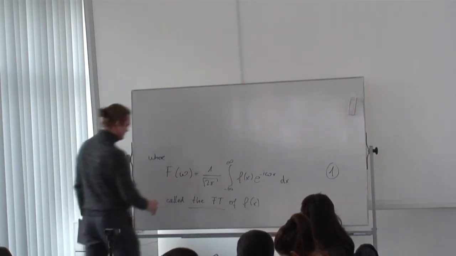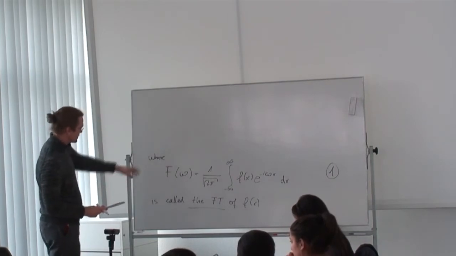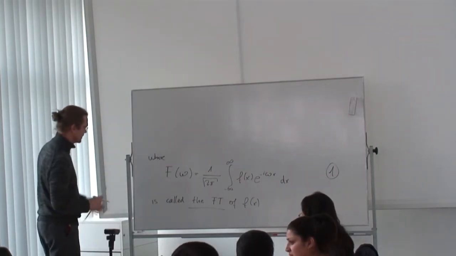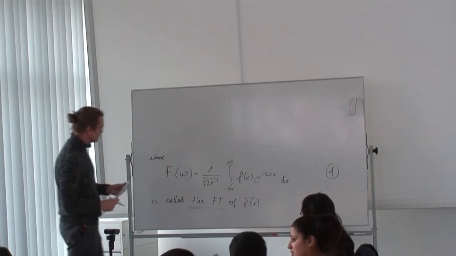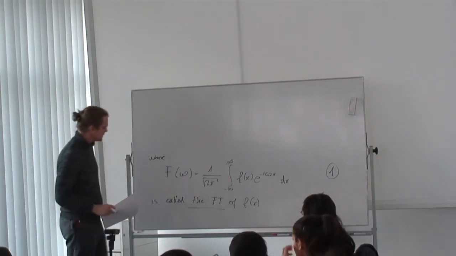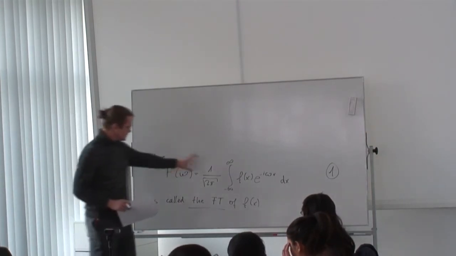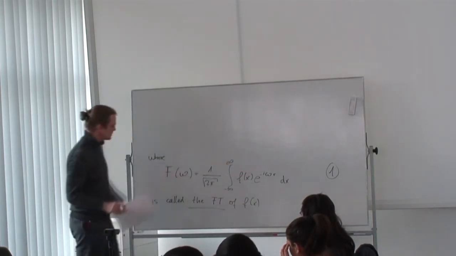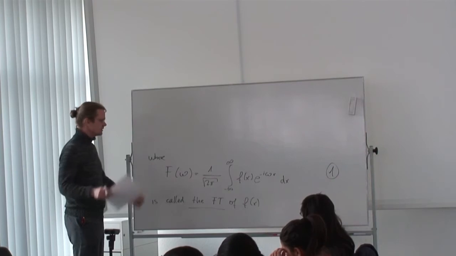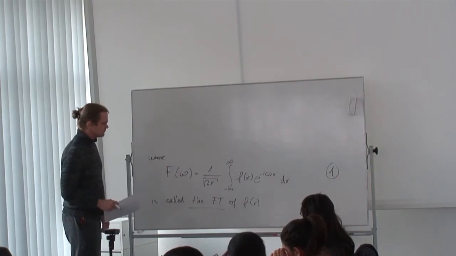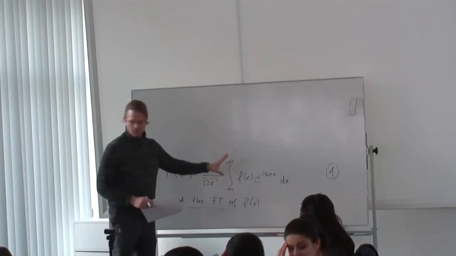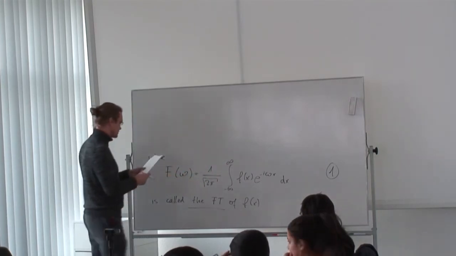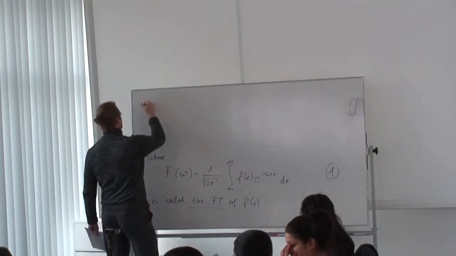Now, this thing is called the Fourier transform of f of x, and if you look at it, it is basically some factor times an integral. Integration is a linear operation, and we may express all of this in an operator notation, which is what I'm introducing right now.